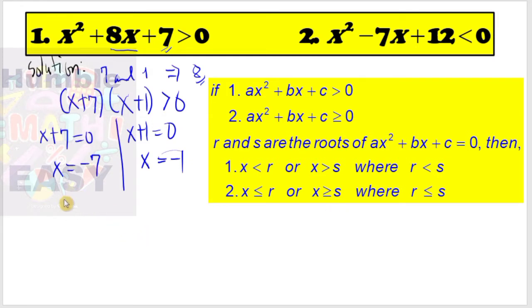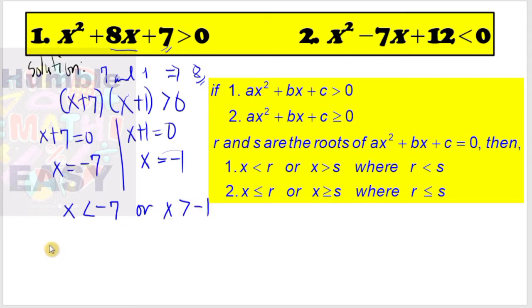Going back to the given roots, negative 7 and negative 1: since negative 7 is lesser than negative 1, the solution set is x is less than negative 7, or x is greater than negative 1.